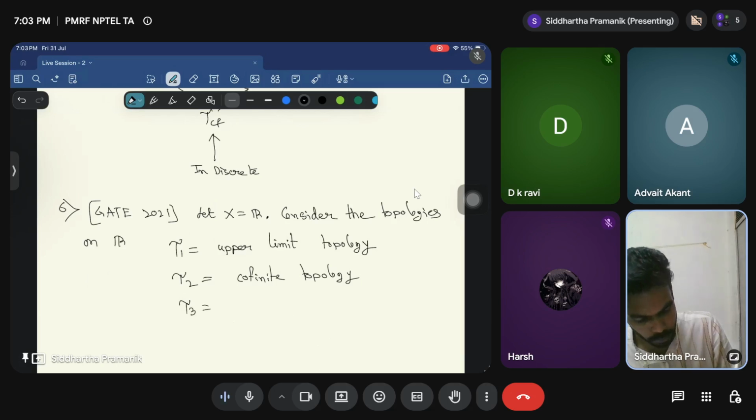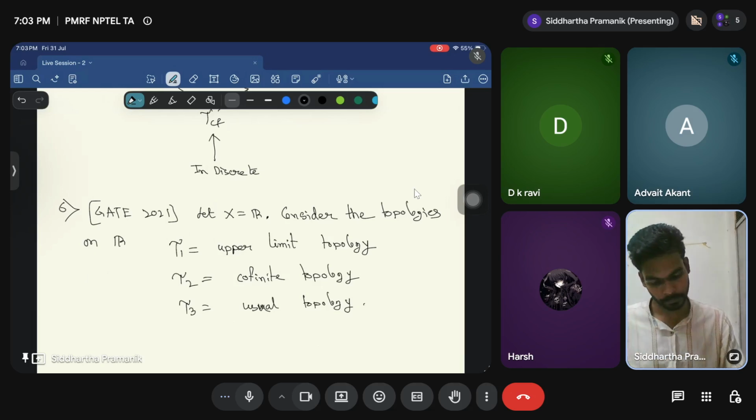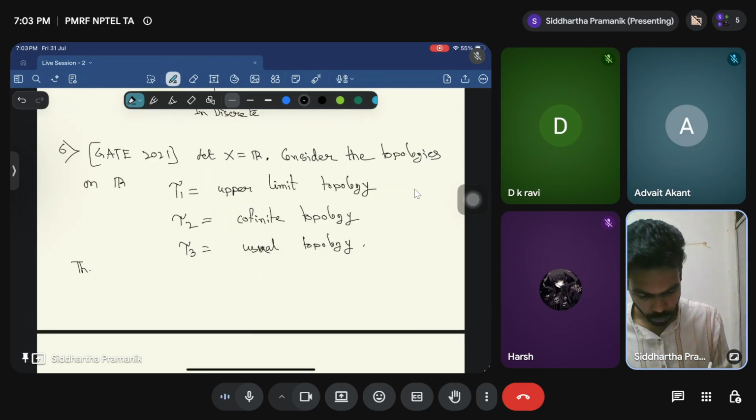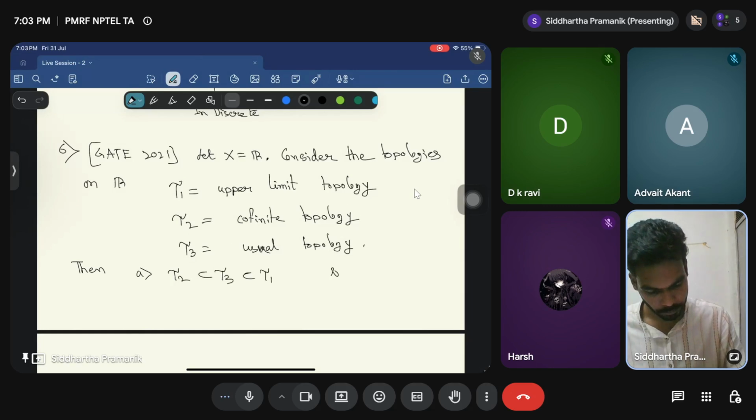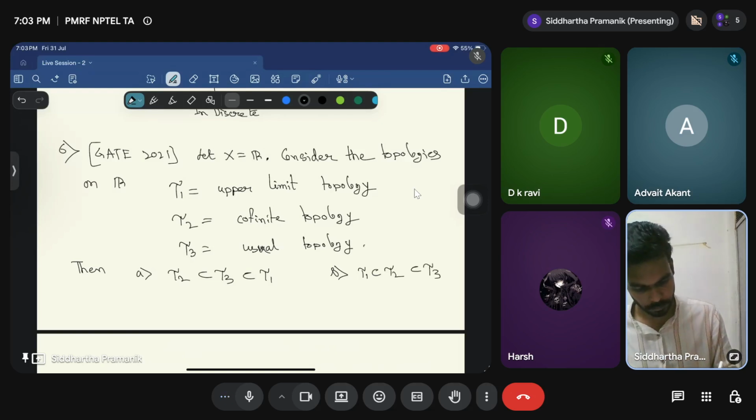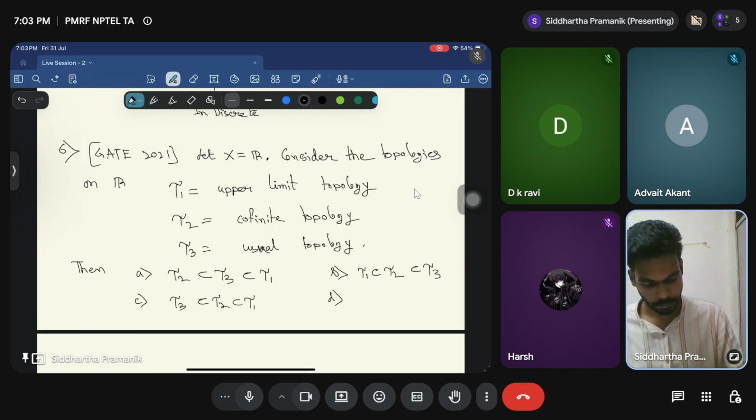And tau 3 is the usual topology. Then which one is true? Option A is tau 2 subset of tau 3 subset of tau 1, B is tau 1 subset tau 2 subset tau 3, C is tau 3 subset tau 2 subset tau 1, and D is tau 2 subset tau 1 subset tau 3.